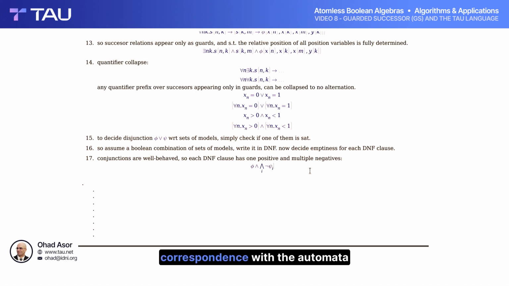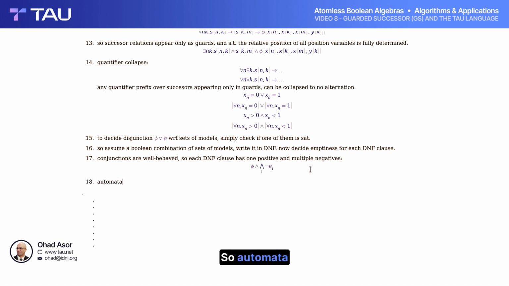Now let's see some correspondence with automata and transducers. Automata have no output; transducers have output, all with a finite alphabet. It is easy to see that they correspond to bounded loopback over a finite domain.